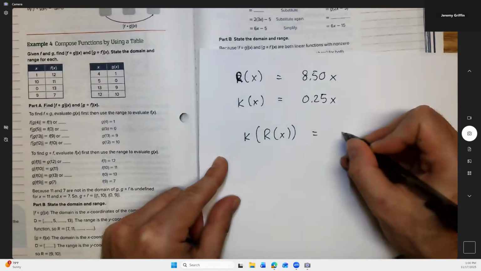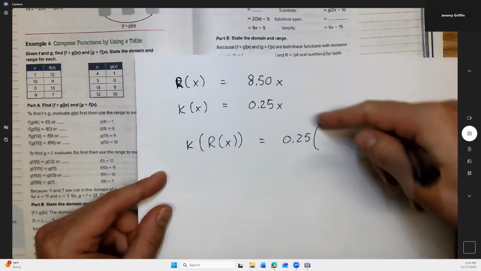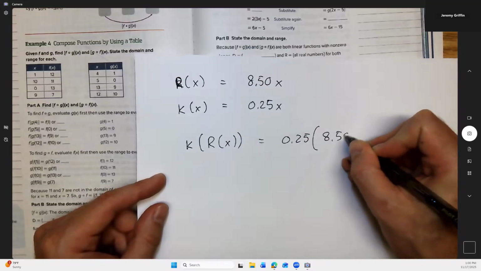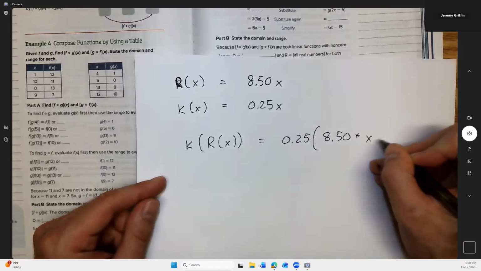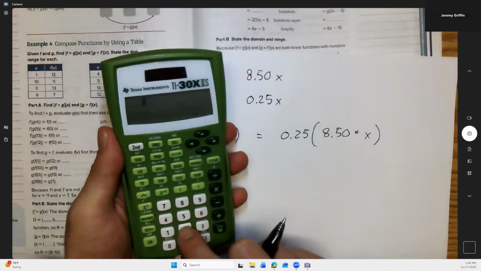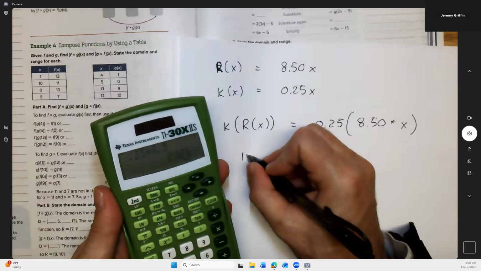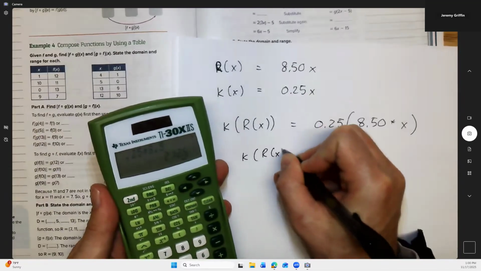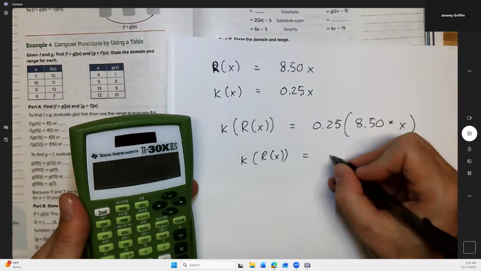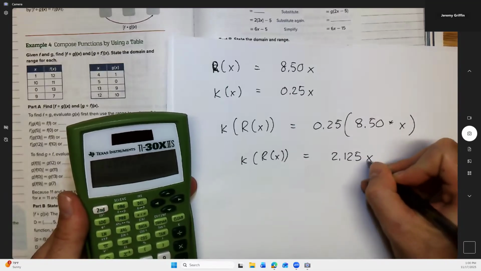That would be 25% of something, but that something is actually the amount of money, which is $8.50 per ticket times the number of tickets. So put all this together. Let's see, what's 0.25 times 8.5? Putting it all together, K of R of x, what they're allowed to keep as a function of the revenue, as a function of the number of tickets, is $2.12 per ticket times the number of tickets sold.